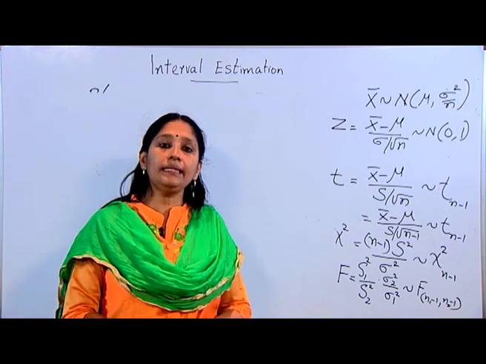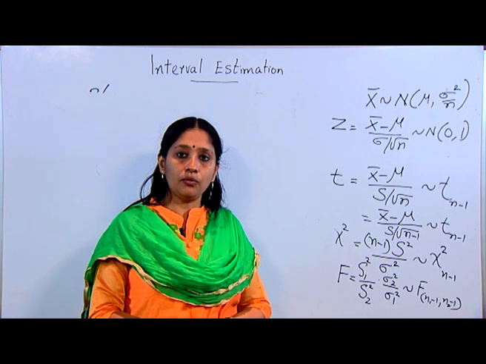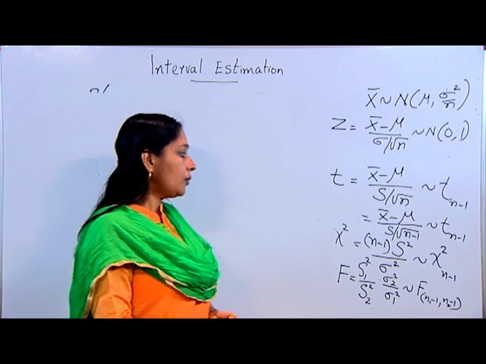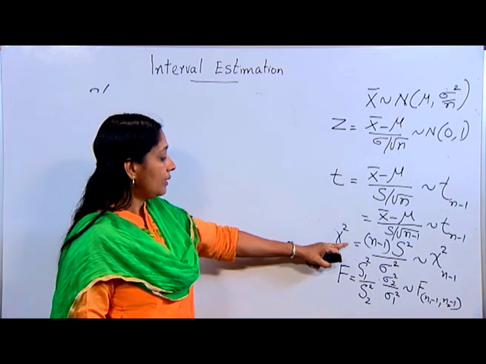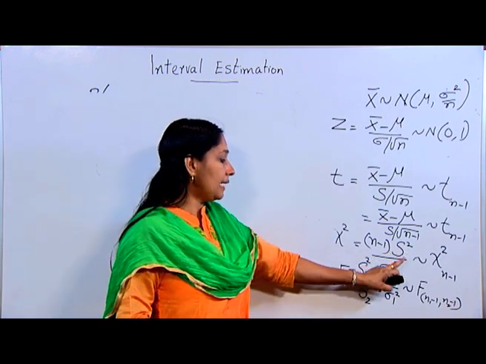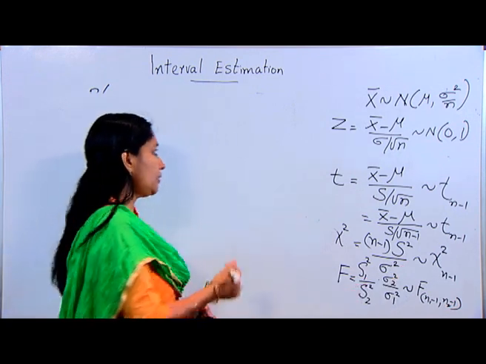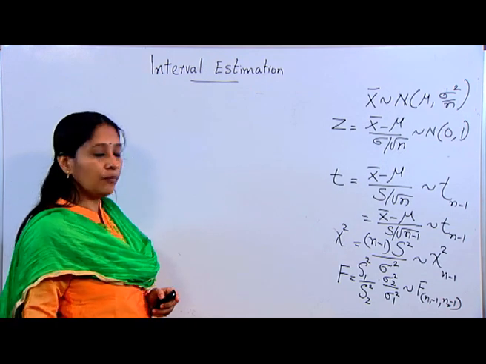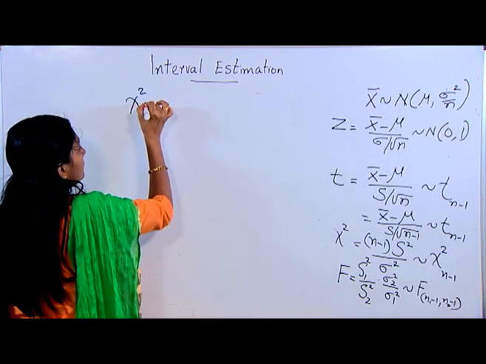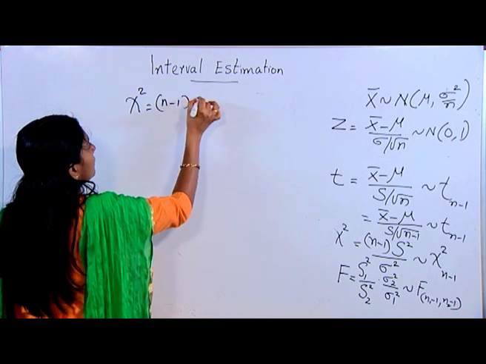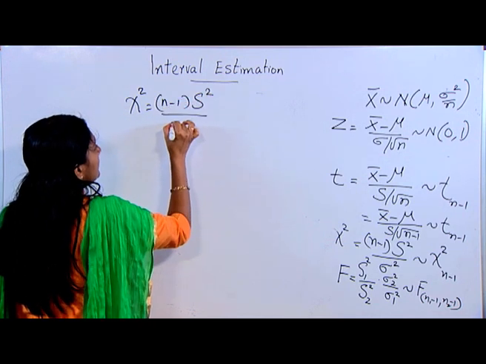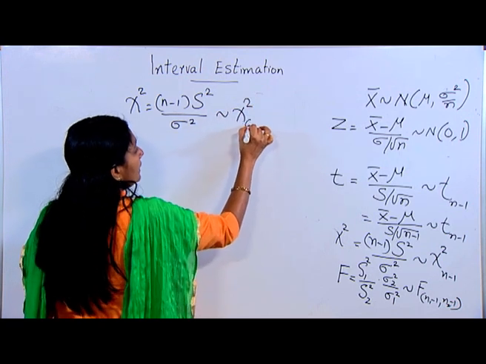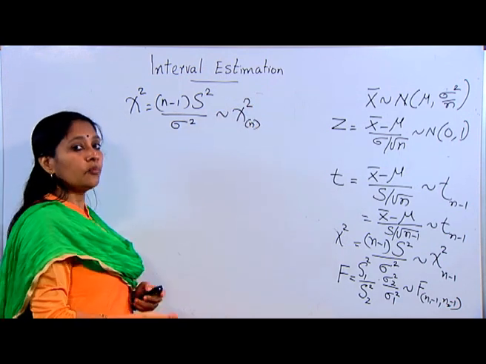Now, let us look at the construction of the confidence interval for the population variance sigma square. For that, we are using the statistic chi-square is equal to n minus 1 s square by sigma square. This follows a chi-square distribution with n degrees of freedom if mu is known.